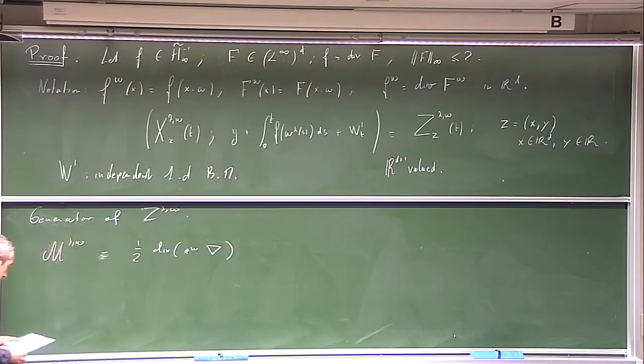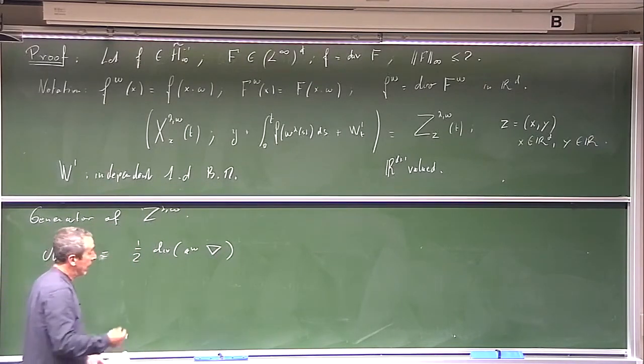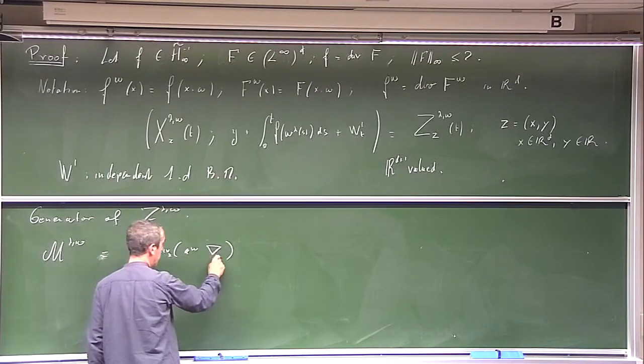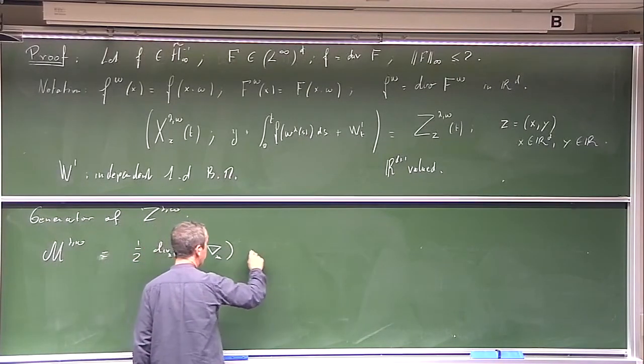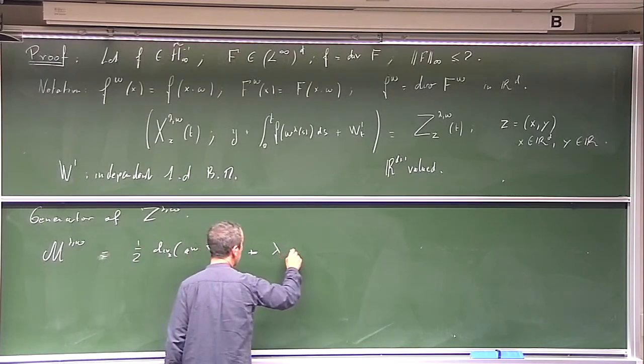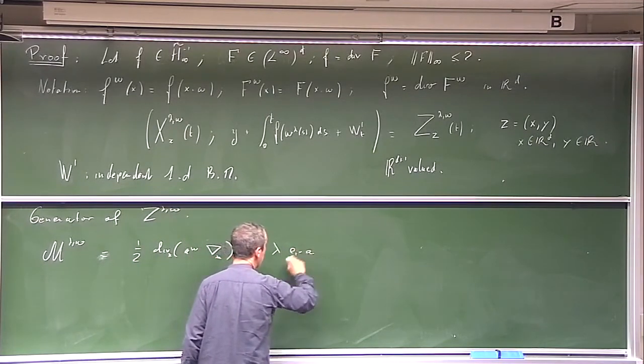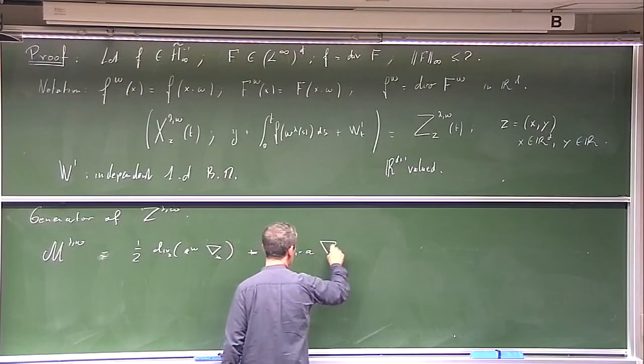So this is the part without the drift, and this is in x. So these operators act on x. And you have the drift part, so plus lambda v1 dot the gradient in x.